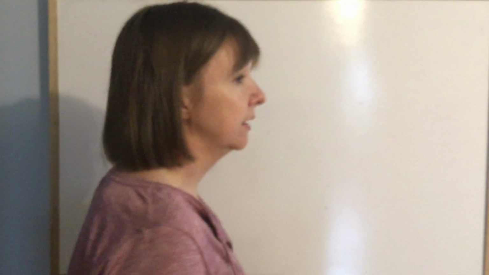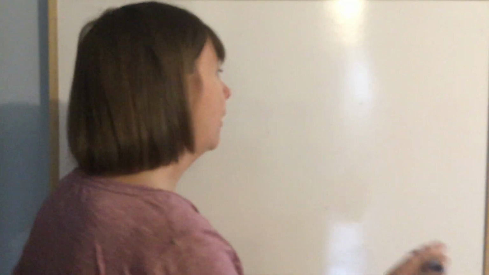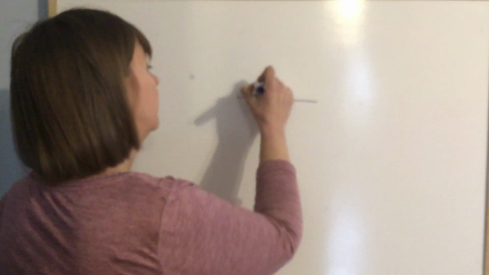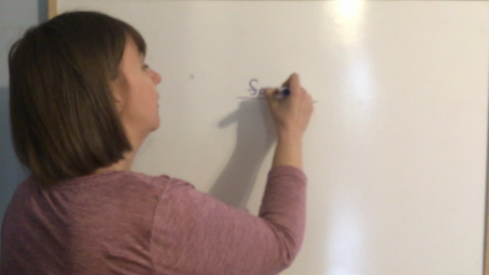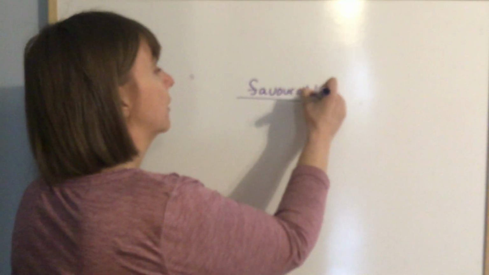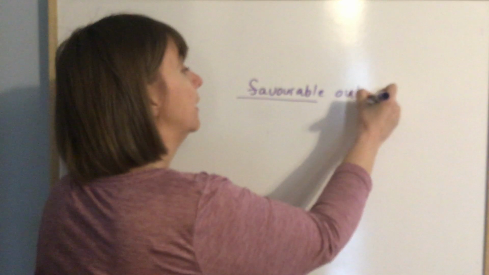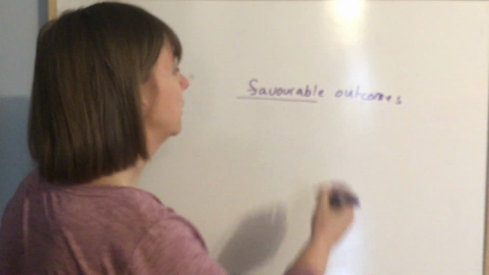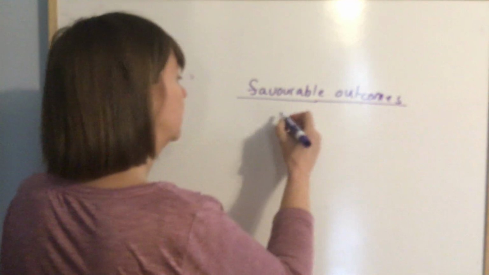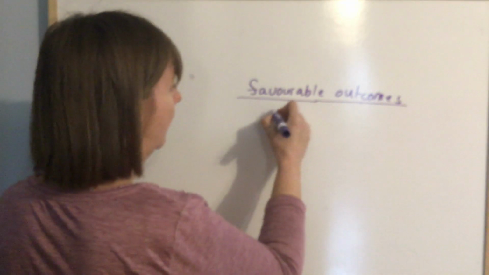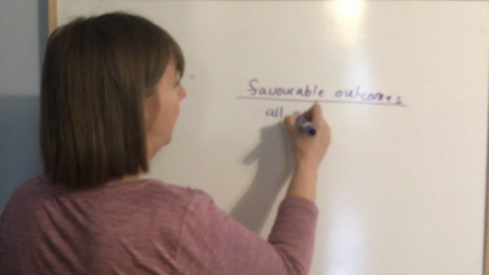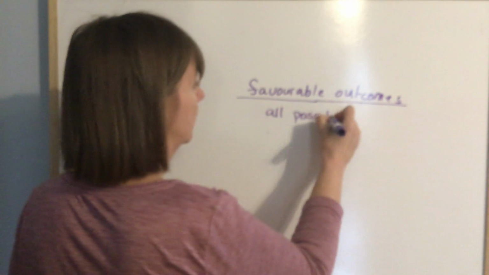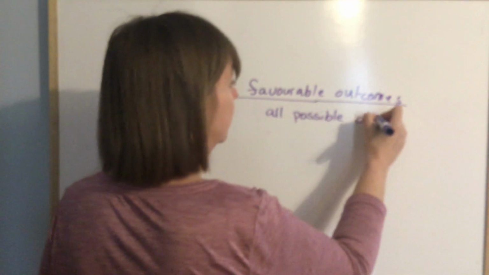When we talk about probability, it's always the number of what we call favorable outcomes, the number of things we want to happen, over all possible outcomes.